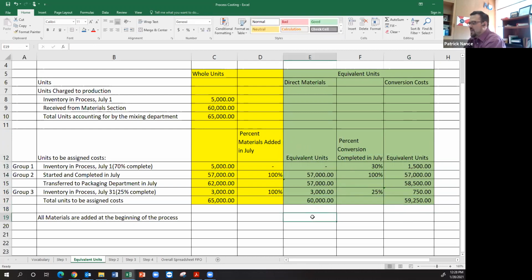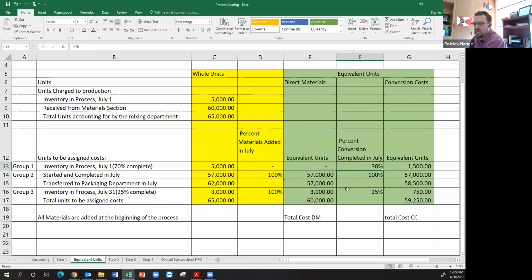Now what I'm going to do with that information, in the next step, is that now that I have the equivalent units, I can find the total cost for direct materials and the total cost for conversion cost, and I can allocate to each equivalent unit based on how much direct materials cost and conversion cost we had. And how this works is it makes it not skewed for the fact that these were not started during this time frame.